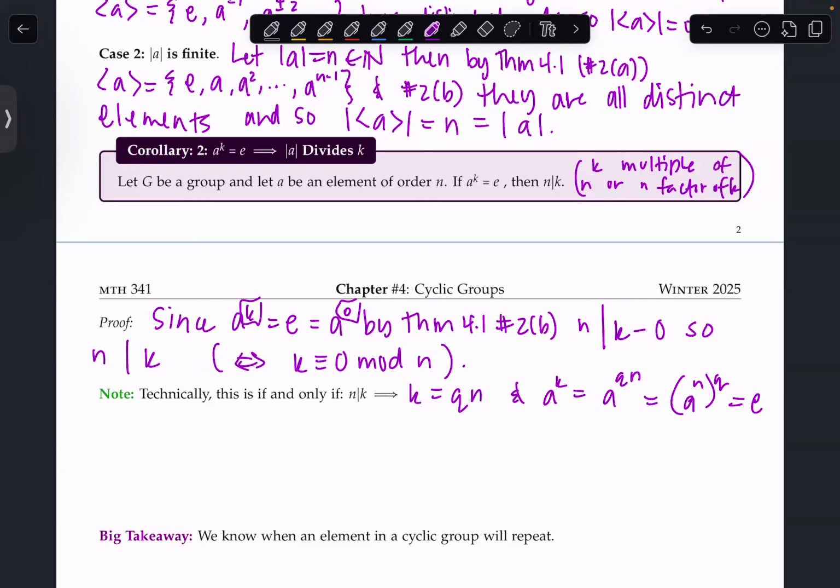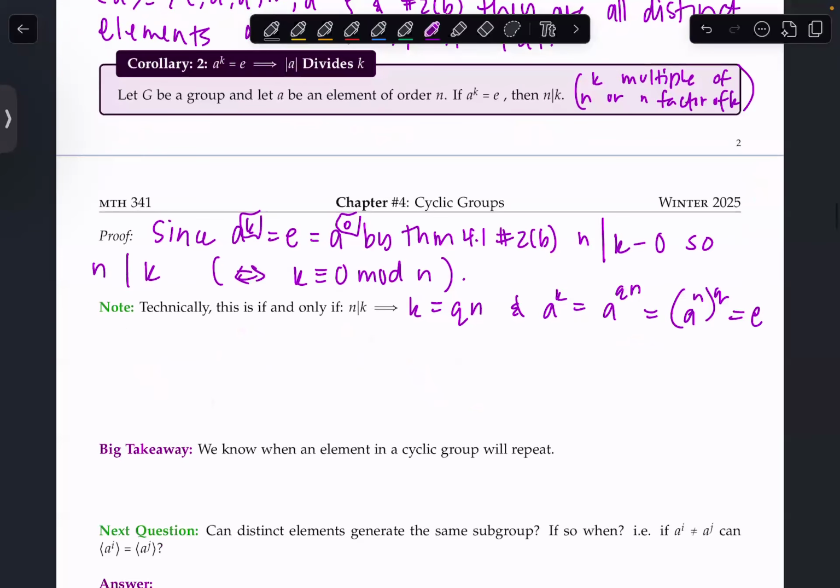So as soon as I know I have a number that's a multiple of the order, then A to that multiple power is going to give me back my identity. Right, so given the order of A is equal to n, and A to the k gives me my identity, these two things will now be equivalent to each other. If I know one, I know the other. If I know one is false, I know the other one is false as well.